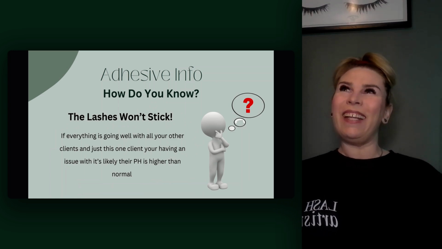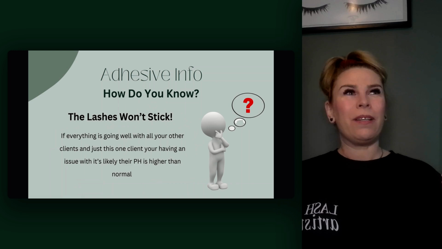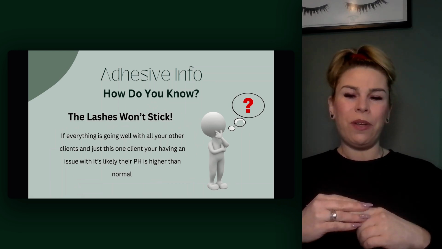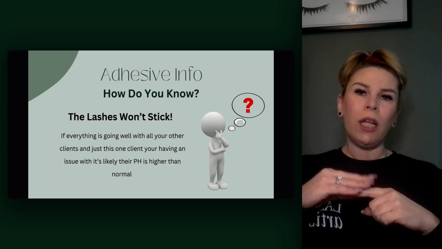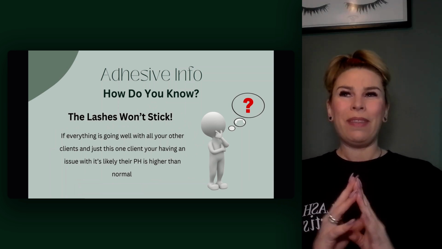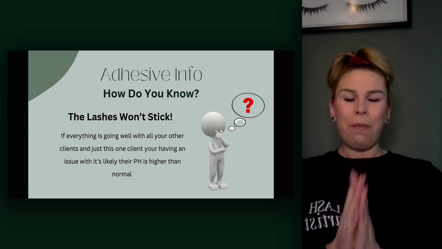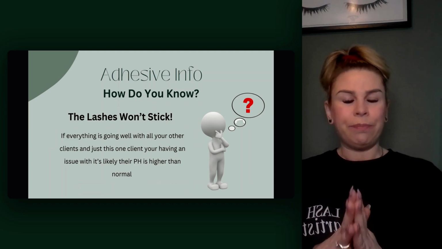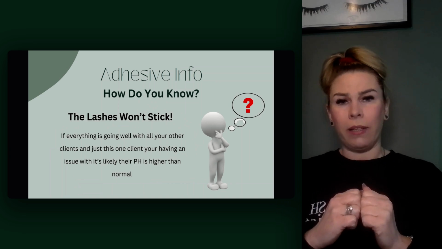I like to describe that as, because a lot of the times we do experience almost like a magnetic pull when we have the perfect environment for the adhesive and the lashes to be sticking together. When a client is just naturally high in pH, it's just not going to want to bond.